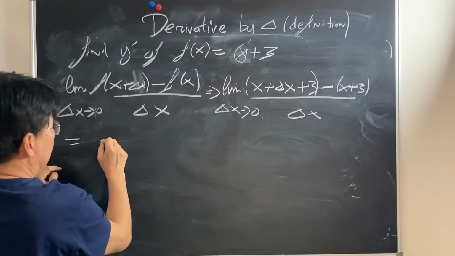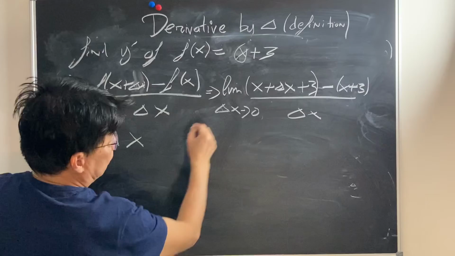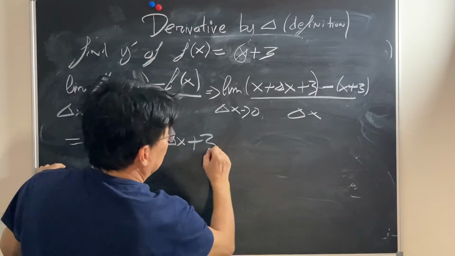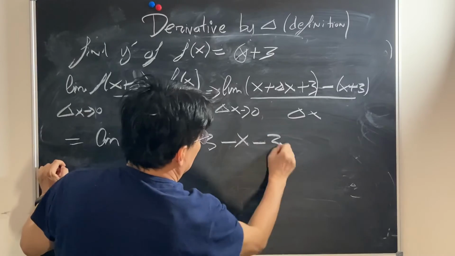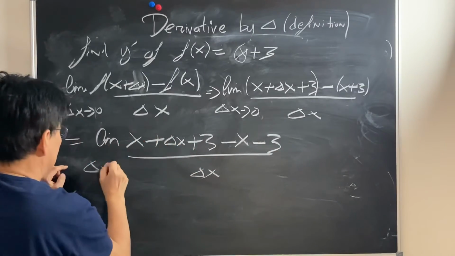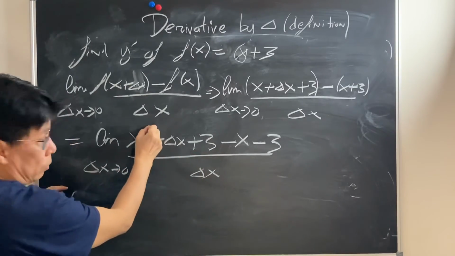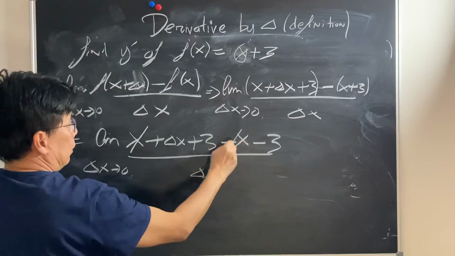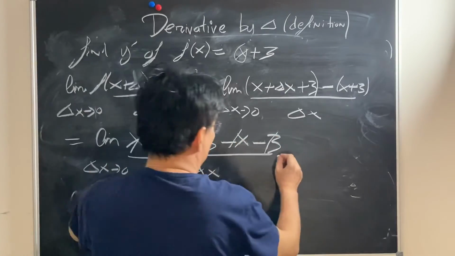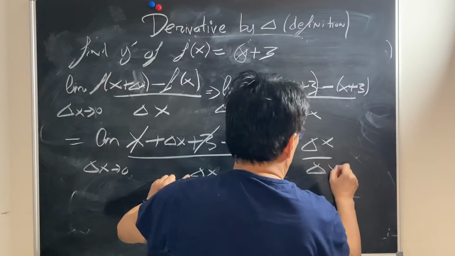Then you have the limit of, open the parenthesis, s plus delta s plus 3 minus s minus 3, the whole thing divided by delta s, as delta s goes to 0. So you cancel s with s, 3 with 3. On the top we have delta s, and on the bottom we have delta s, so delta s divided by delta s equals 1.